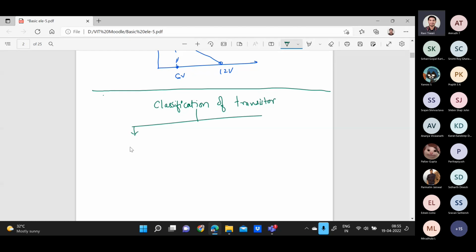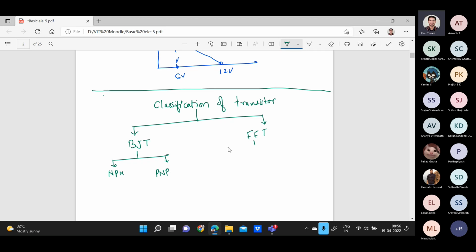First one is BJT that we have already seen. In that we saw NPN transistors and PNP transistors. Now, another part is called the FET, field effect transistor.